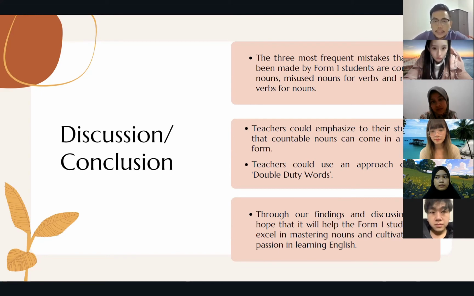The second one is that teachers could use an approach called double duty words. Basically, with double duty words, the teacher needs to compile a lot of words for the students. As an example, milk. The teachers need to ask the students to use it as a noun-based word, and then as a verb-based word.